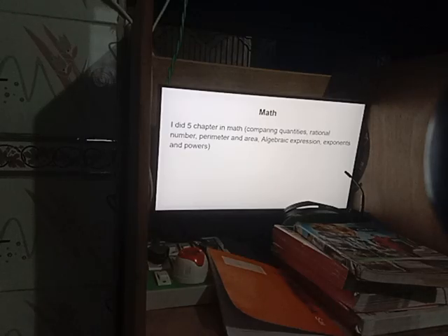Only this I learned in this chapter. Mainly they talk about percentage, how to convert fractions and decimals to percentage, and percentage to fraction and decimal. After that they talk about simple interest, and after that, rational numbers.